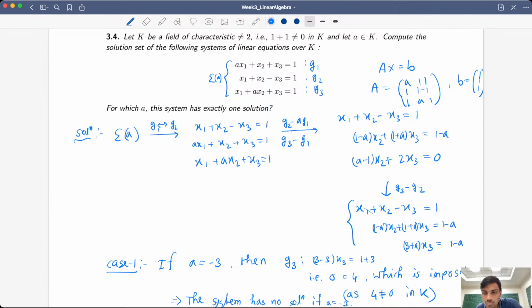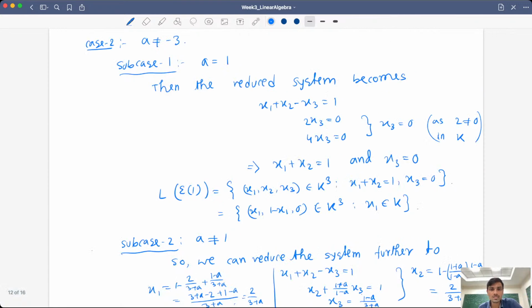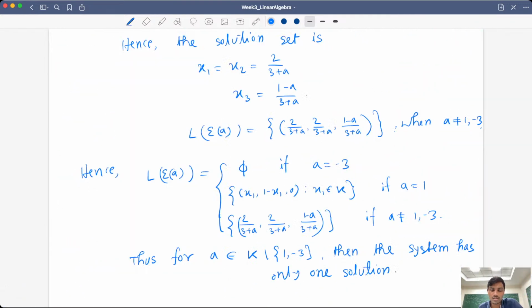So x3 and x2 are both equal, and x1 is also 1, so you get the unique solution here. So put a equal to minus 1, it is 2 by 2, 2 by 2, and again 2 by 2.